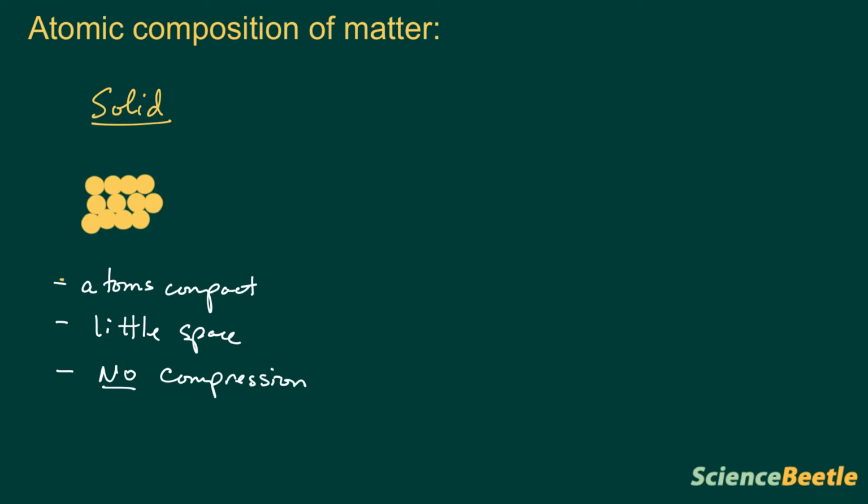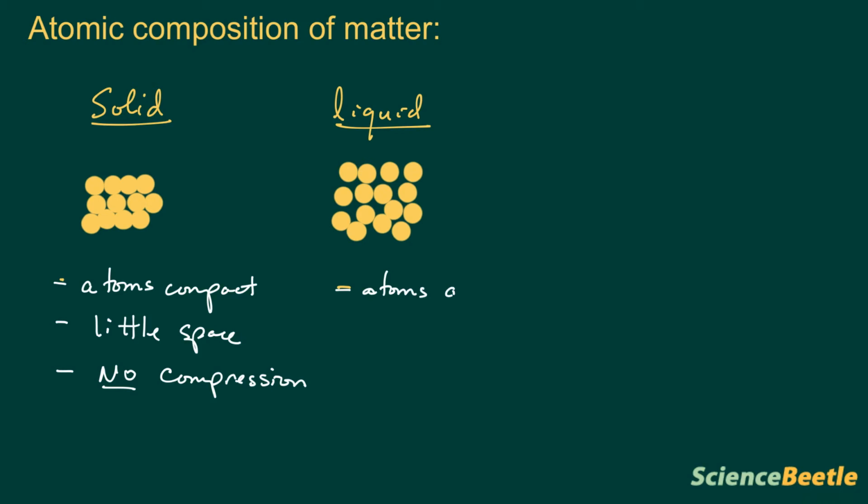Now let's go ahead and explore the liquid. The liquid's going to be slightly different, although not too different. The liquid is going to be very similar to the solid, but what we'll see here is a little bit more spacing in between the atoms, not too much, just a little bit more. The reason that we see this is because the atoms in a liquid are able to move past one another with a little bit greater ease. So here the atoms are going to be close to one another.